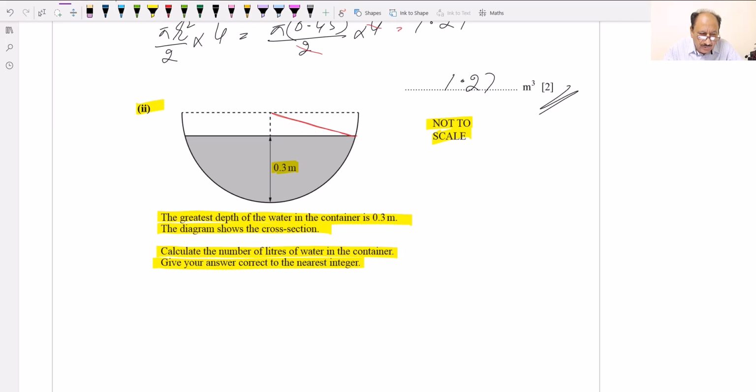So now we will be focusing, like for example, from this point to this point is the radius, which is 0.45, which we already know, and this one, this is also radius 0.45. So hypotenuse of the triangle is also 0.45, and this length we can calculate, which is 0.45 minus 0.3, which is 0.15.